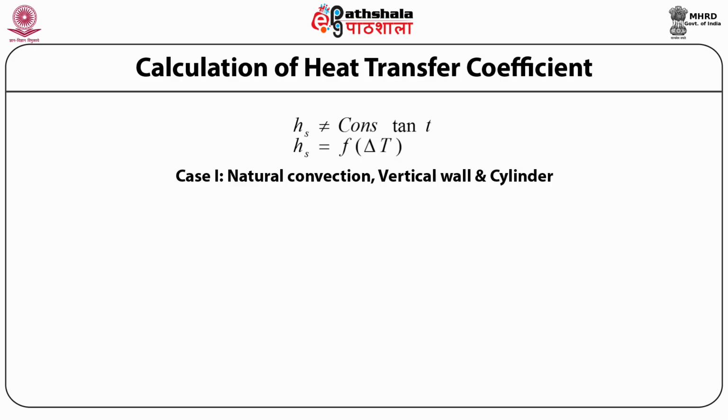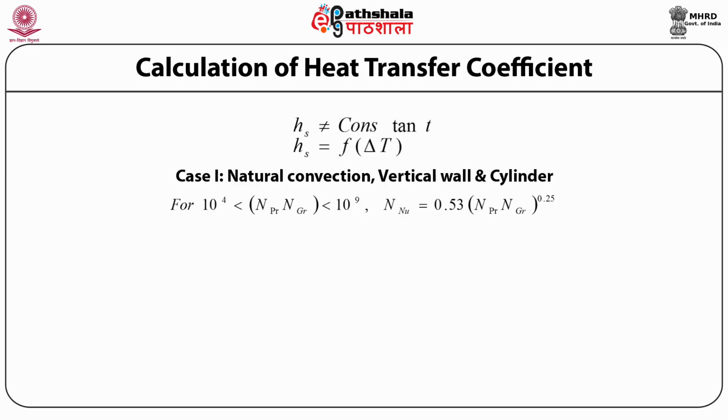Let us see natural convection heat transfer through a vertical wall or a vertical cylinder. If the product of Prandtl and Grashof number is between 10 to the 4 and 10 to the 9, the Nusselt number will be equal to 0.53 into (Pr Gr) to the power 0.25.